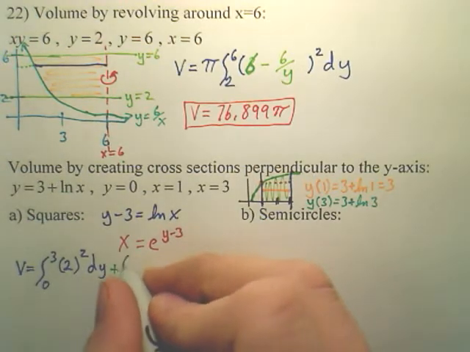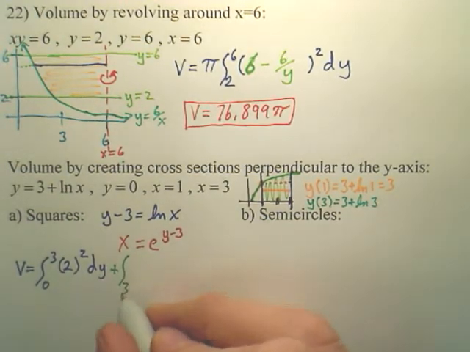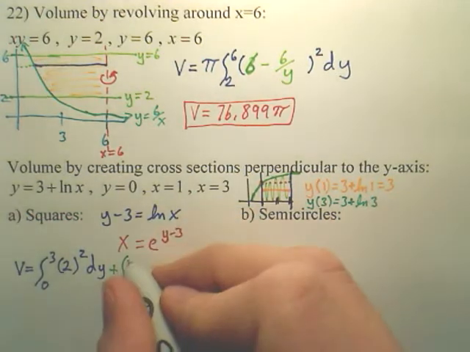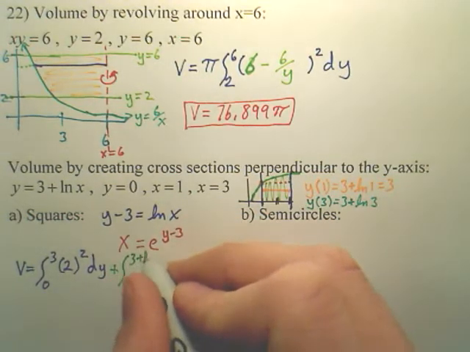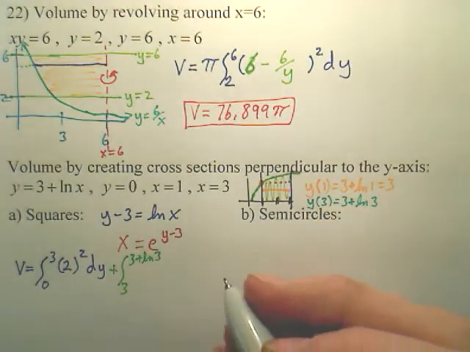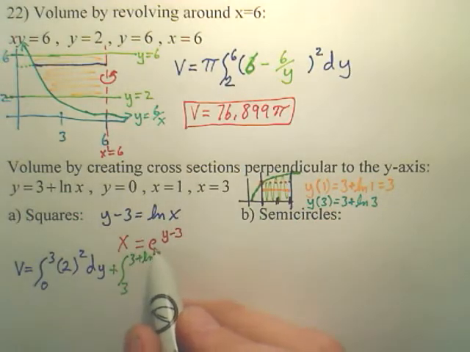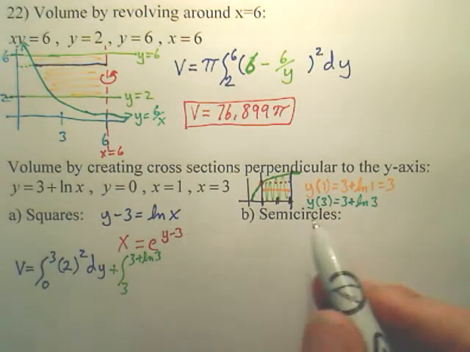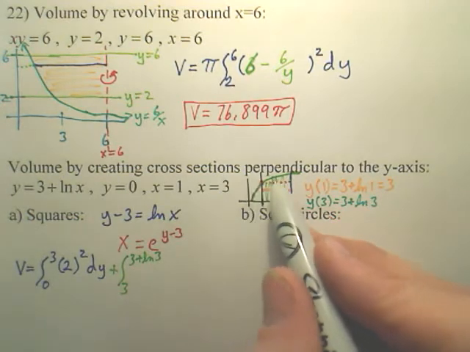Plus, my new interval is now from 3 to, it's kind of weird, but 3 plus ln 3. Kind of a weird interval, but you can do that. And your function for this one, well, it's not just going to be e to the y minus 3, because e to the y minus 3 gives you from here to the green graph.